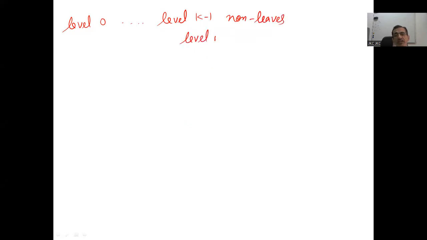Level-wise summation is to be found, which is effectively 3 by 16 raised to some power into Cn squared. For level 0 it was power 0, for level 1 it is power 1. This is for each level.